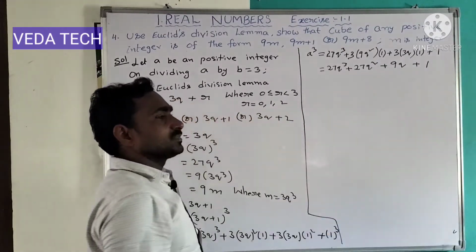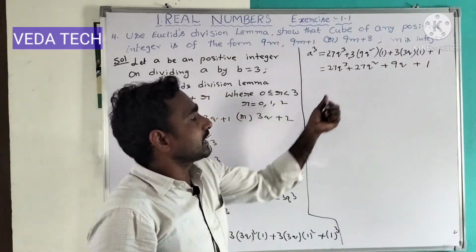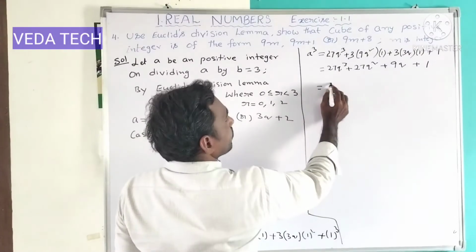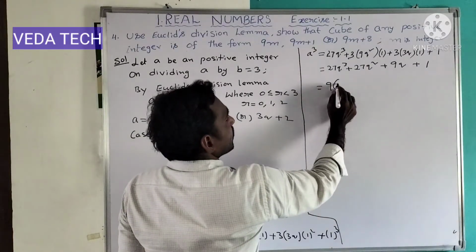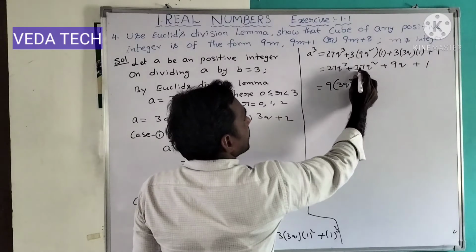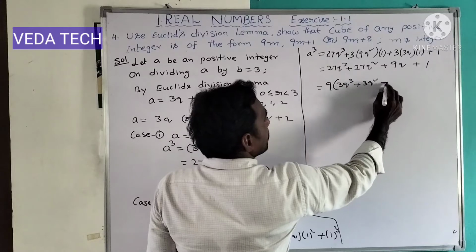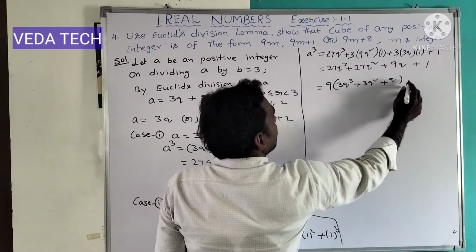In the first three terms, take 9 as common. Here 9 common: 3 q cube plus 3 q square plus q, plus 1.